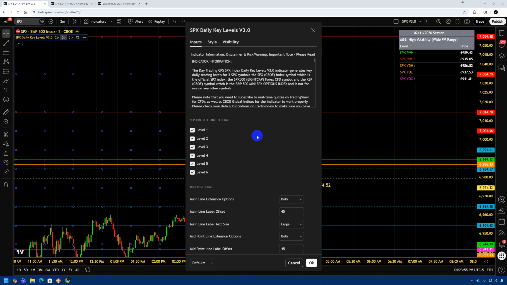So our recommendation for that is that you have both indicators, so you're still going to have the V2.0 indicator.